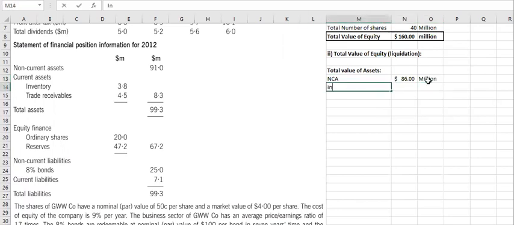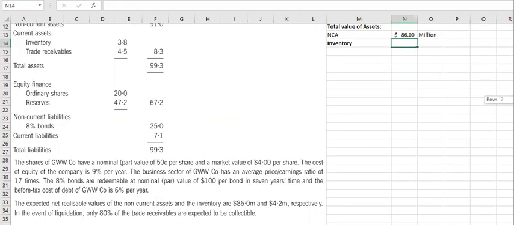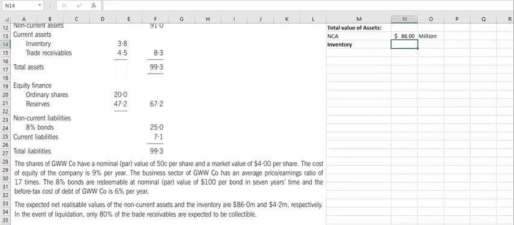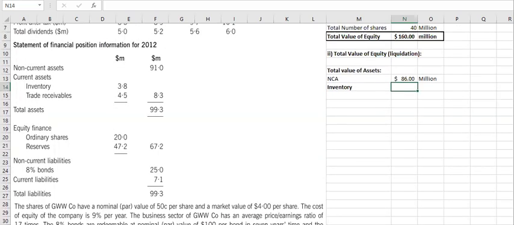That is, if the assets are being sold today, they will only realize $86 million. And the realizable value of inventory, that is, if inventory is sold today, will have a value of $4.2 million.